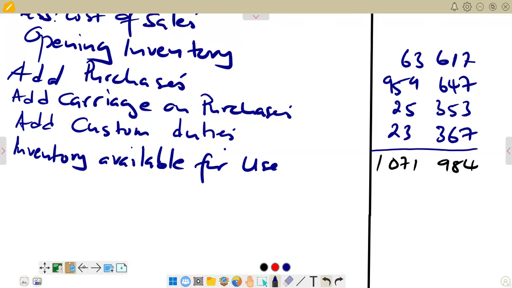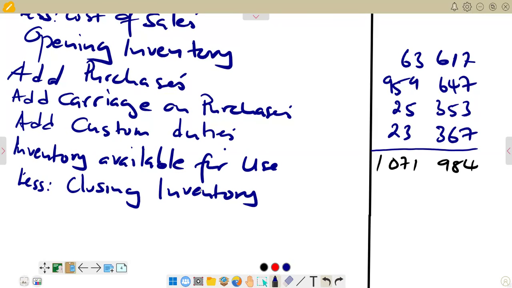And then we can go back to see what we can do there. Get our closing inventory. So here we are saying less closing inventory. Remember, when we are saying less, we are subtracting. So this means we are going to subtract that figure for closing inventory.